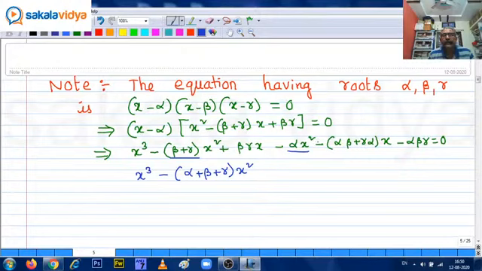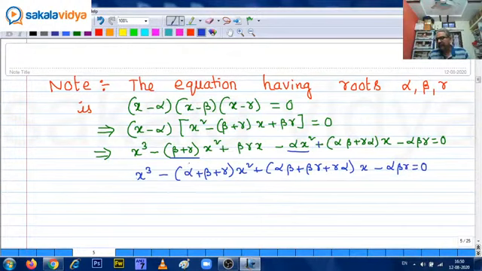This will be plus only, sorry. So now here we get x common, alpha beta plus beta gamma plus gamma alpha of x minus alpha beta gamma equals to 0. Understood now?